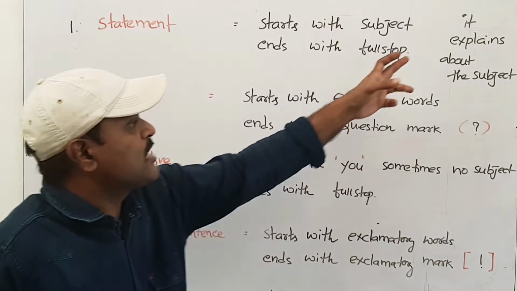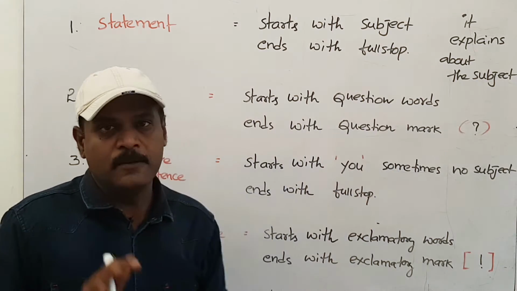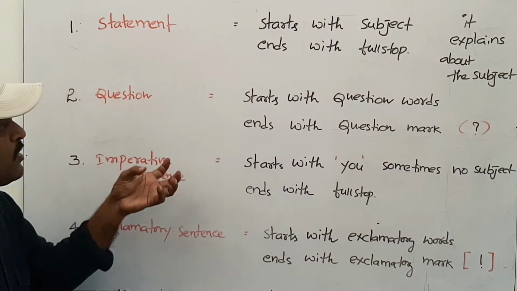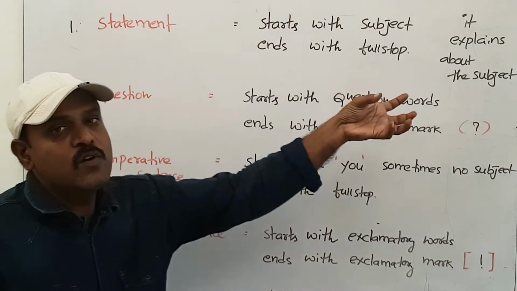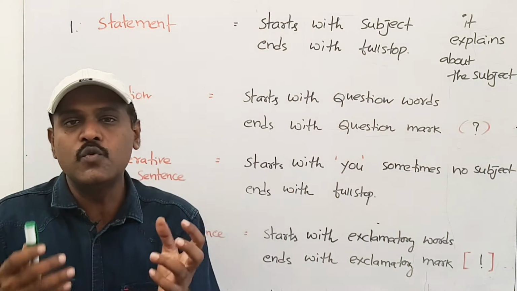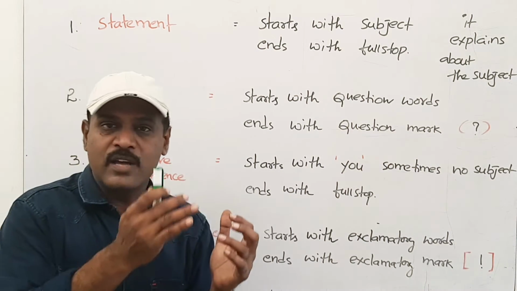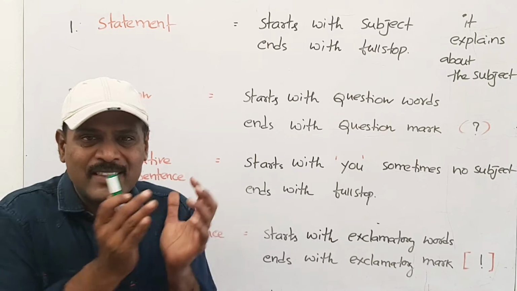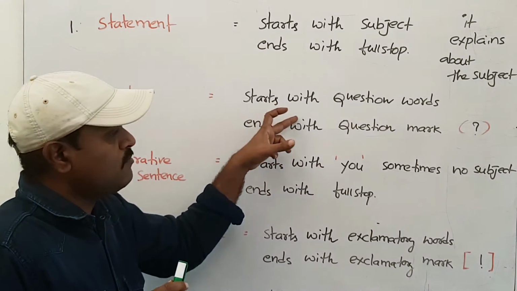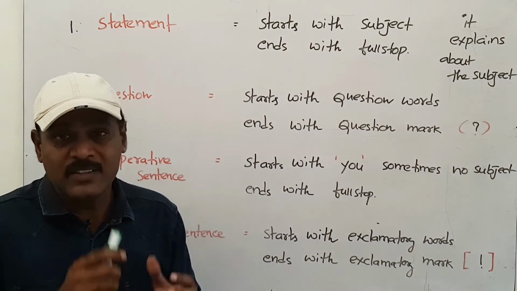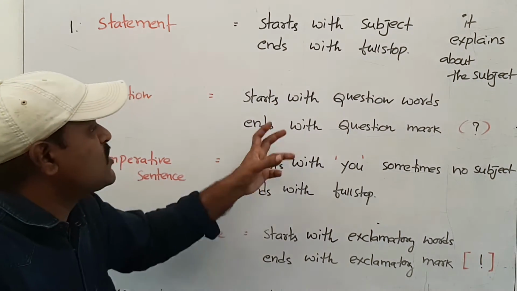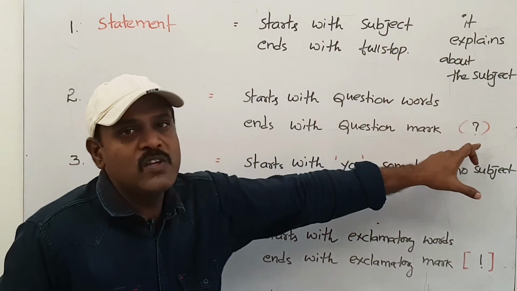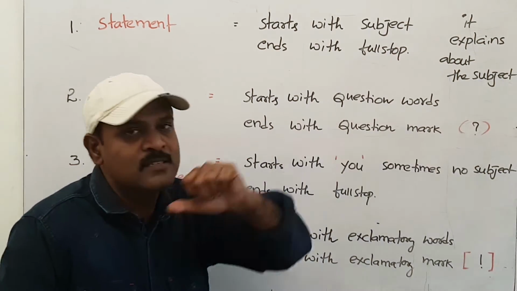Second one, question. It starts with question words like why, whose, whom, what, where, and am, is, was, were. These kinds of question words we can use at the start of questions. It ends with a question mark.